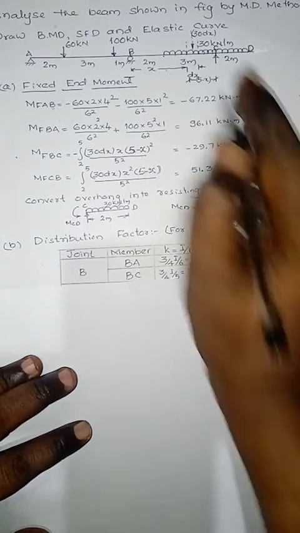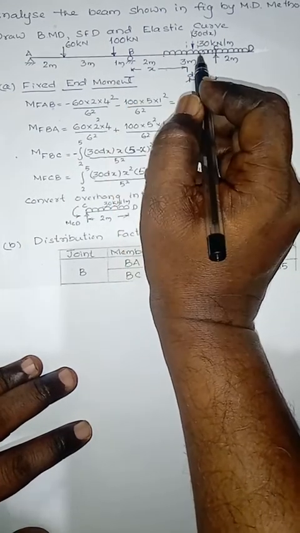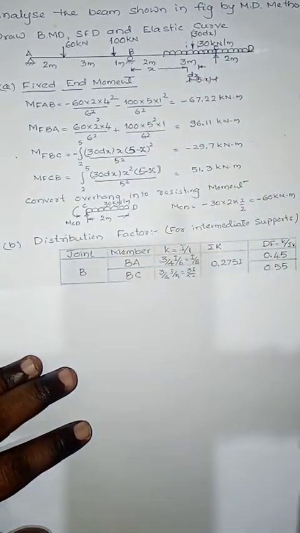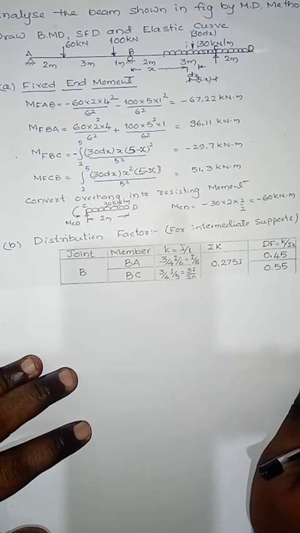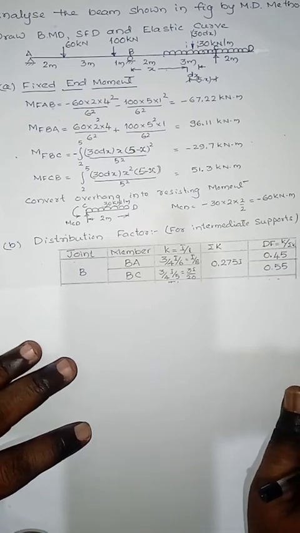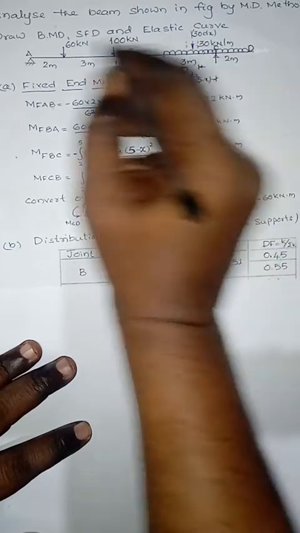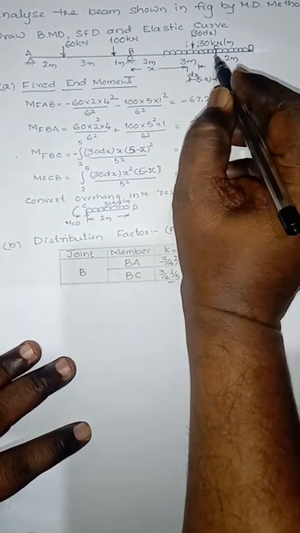Similarly, C is the end support, so BC is also non-continuous, that is on simple support, a hinged support.